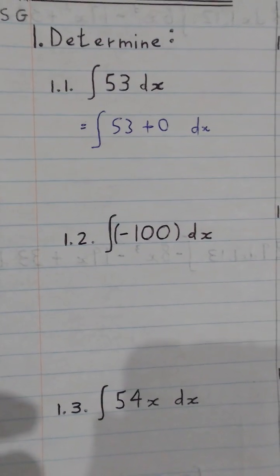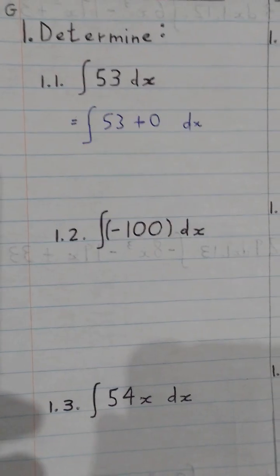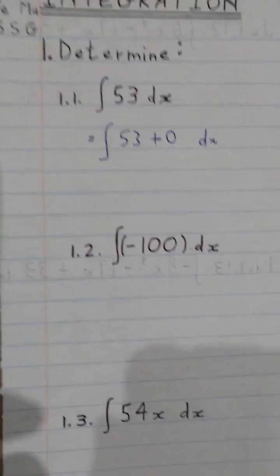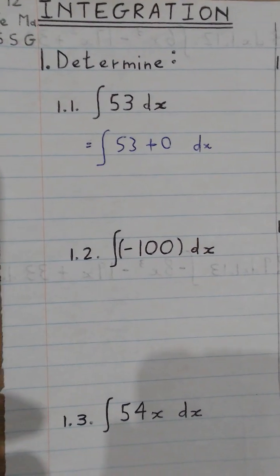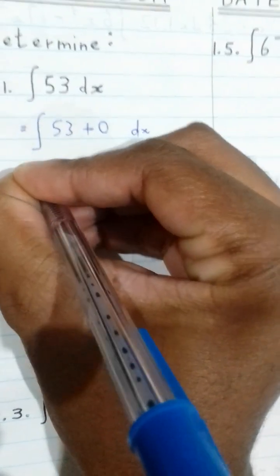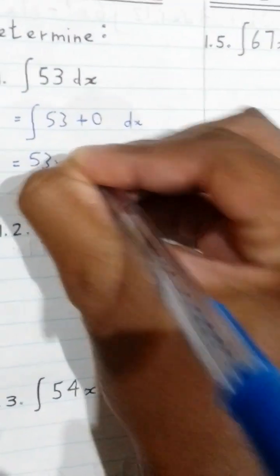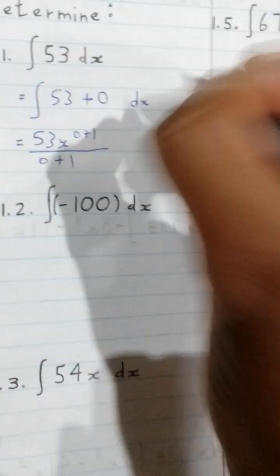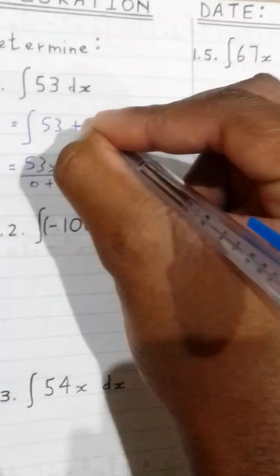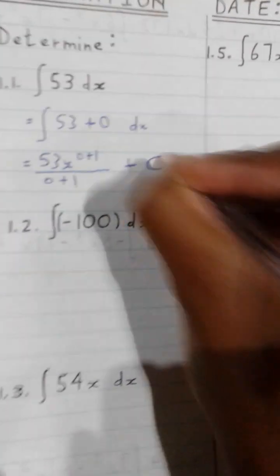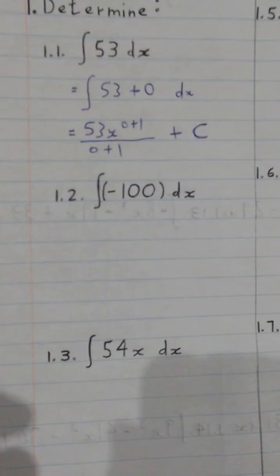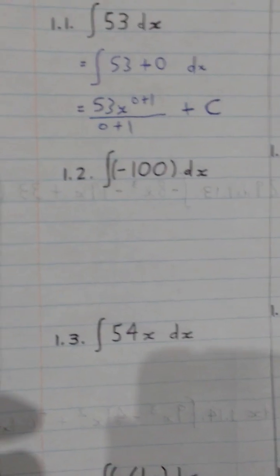And then we know that with 53 we have x to the power of 0. The integral of 0 is a constant, so this is going to be 53 x to the power of 0 plus 1 over 0 plus 1, and then plus, what is the integral of 0? It's a constant. That's how I always remember that there is a constant.